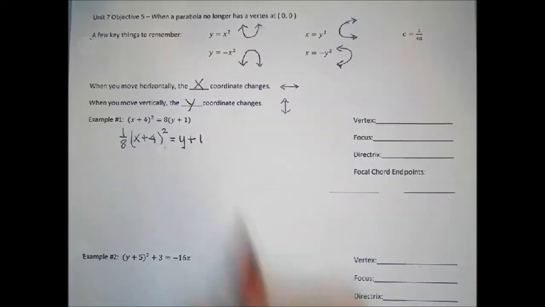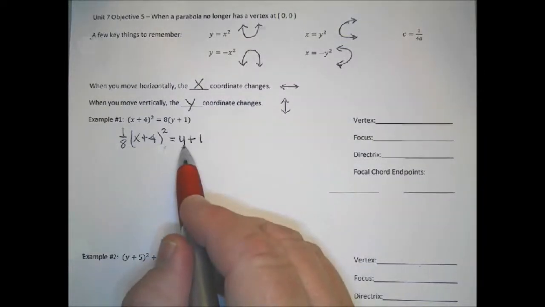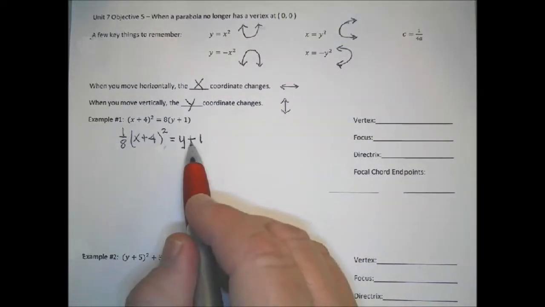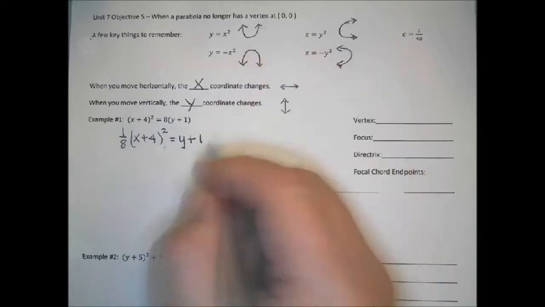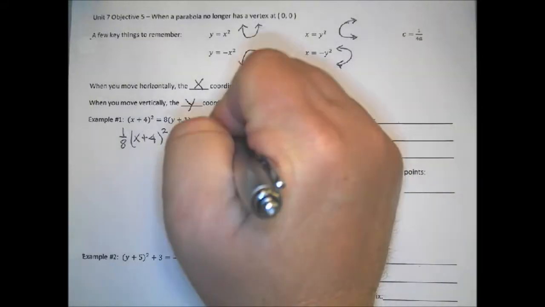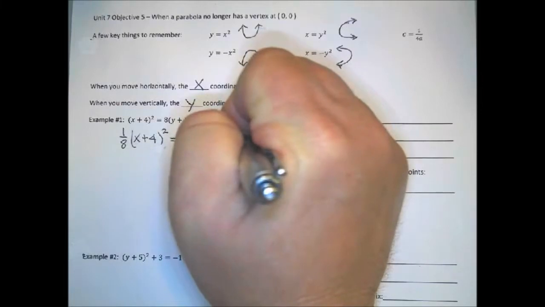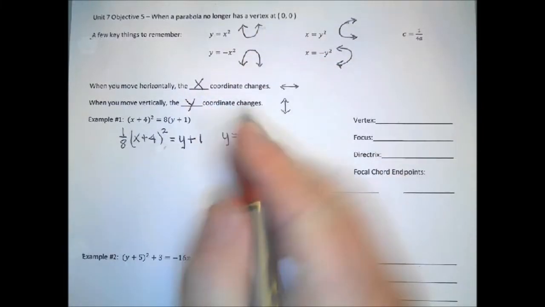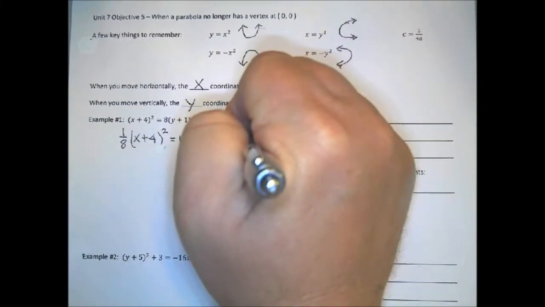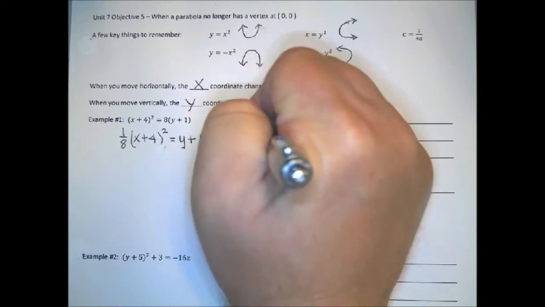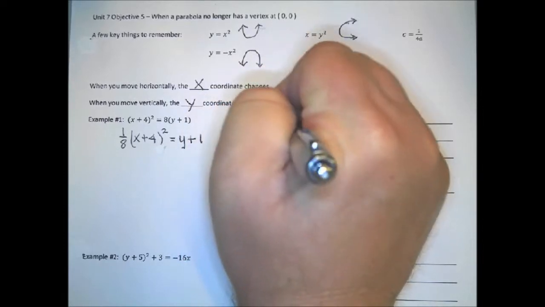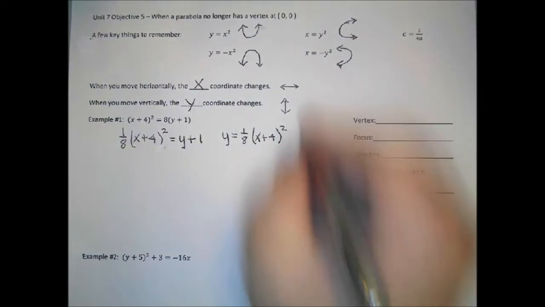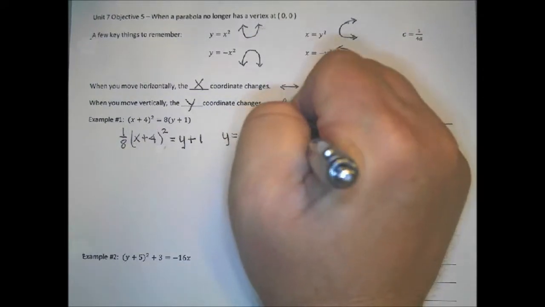Now I'm only one step away from having y by itself. I'm going to subtract 1. And I'm going to write the equation starting with the y. So y equals, I've got my 1/8 (x plus 4) squared, and then it would be minus 1.